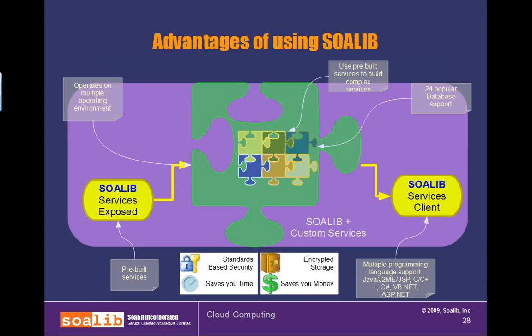As you notice, in our previous discussion, we said that you can build services based on layering, in which each of these little layers or little services are independent services which you consume, or either write or purchase. SOALIB provides those little services for you, which you can use to build your own big service.